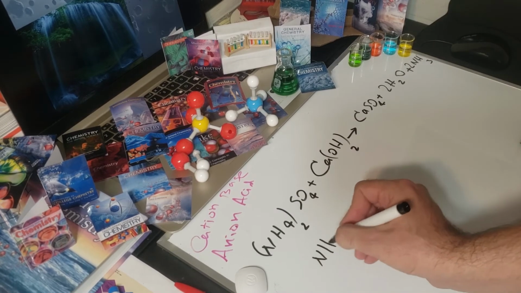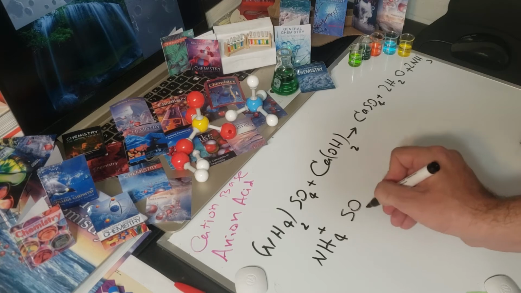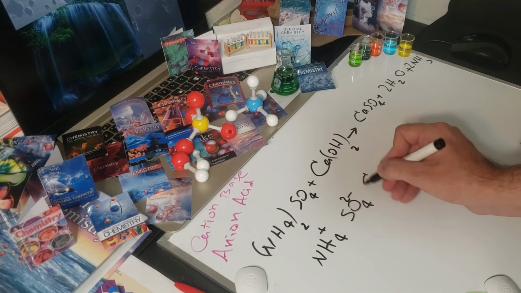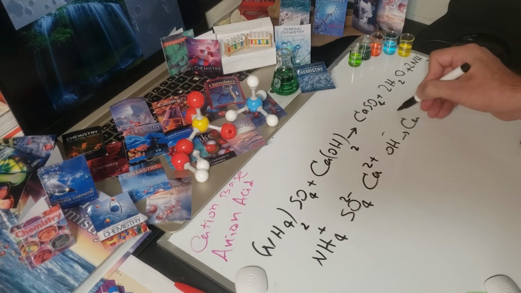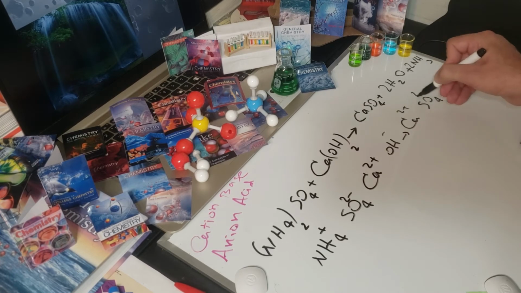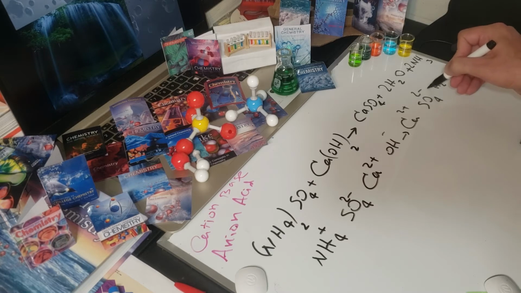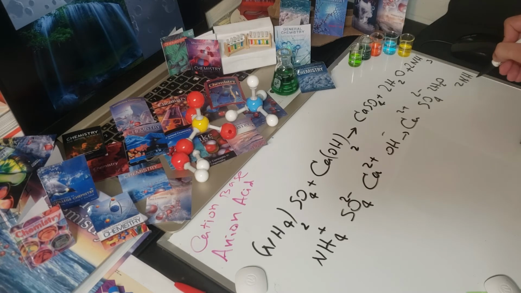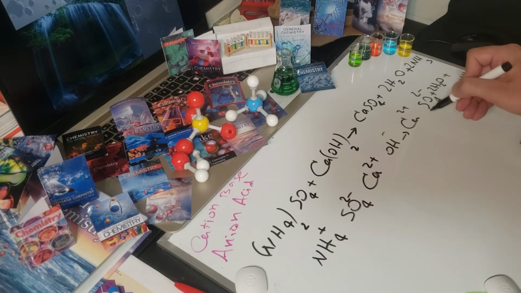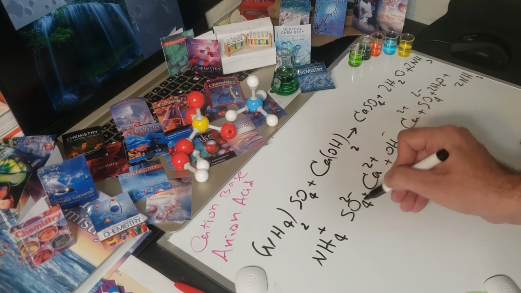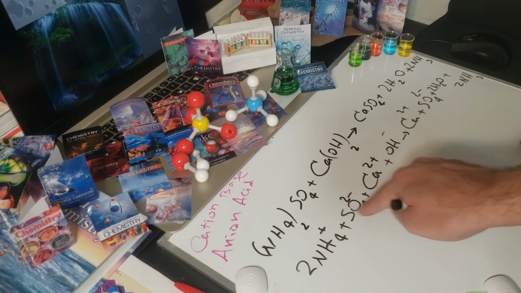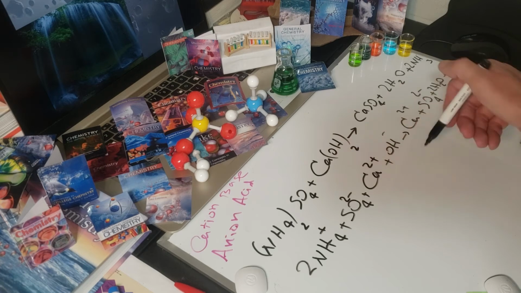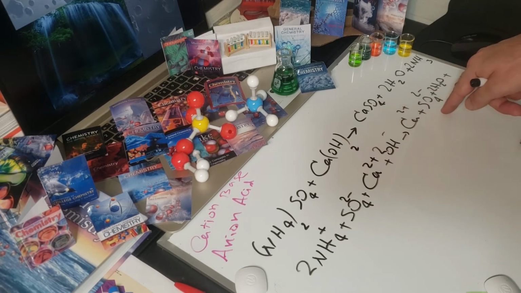Let's do the cations and anions in total ionic. Calcium double plus, OH minus. Again, calcium double plus, SO4 double minus. 2 H2Os and 2 NH3. Okay. Now I have counted the number: 2 ammoniums, 1 sulfate, 1 calcium, 2 hydroxides, 1 calcium, 1 sulfate, 2 H2O, and 2 NH3.